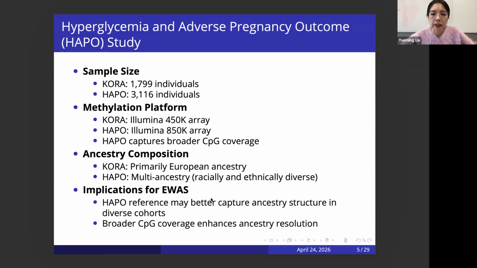In terms of ancestry composition, KORA is primarily European ancestry, while HAPO is multi-ancestry and more diverse. The implication for EWAS is that we think the EpiStructure PCs based on the HAPO reference set may better capture underlying ancestry structure in diverse cohorts, and the broader CpG coverage enhances ancestry resolution.